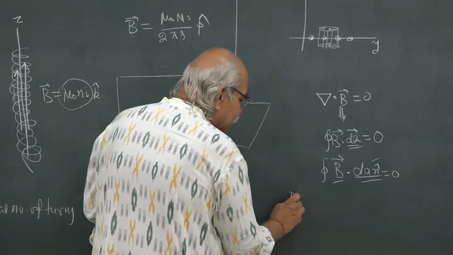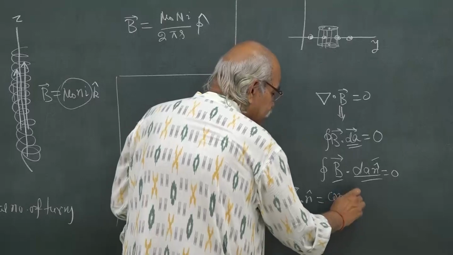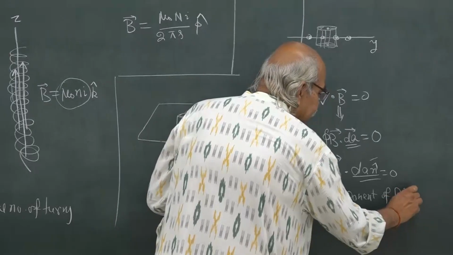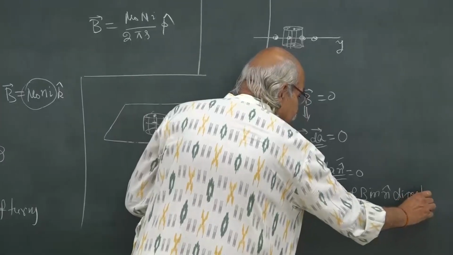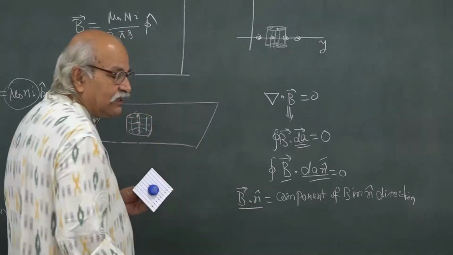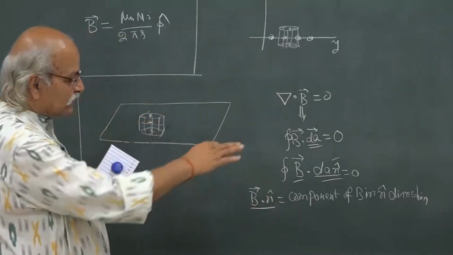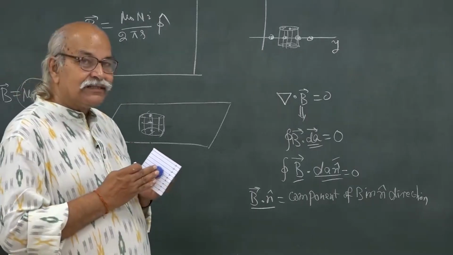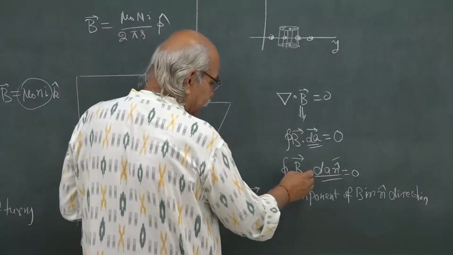What is B dot n cap? This is the component of B in the n cap direction. N cap is the unit vector. So, B dot n cap will be just B cos theta. So, that is the component of B in the n cap direction, and since I am calling it side 1, let me write it B1.